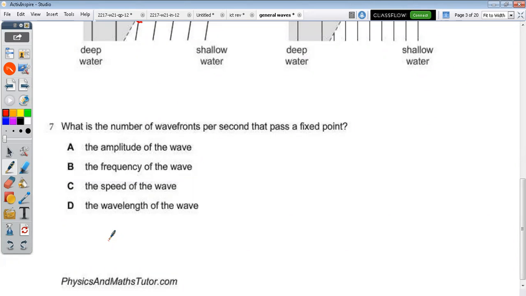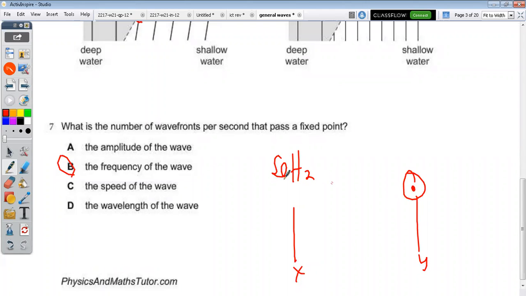Isn't it this, sir? You said D or B? What I said? B, the frequency of the wave. Simply frequency, number of complete oscillations per second. If I say 50 hertz, what it means is if I'm standing here, let's say I've got a point there and I'm standing here.